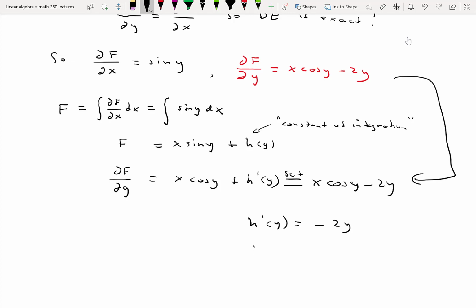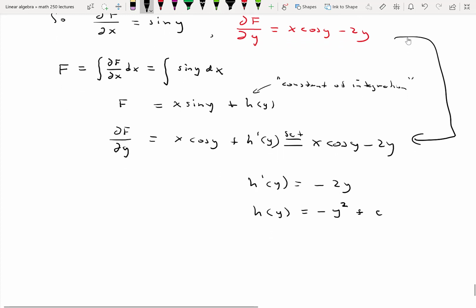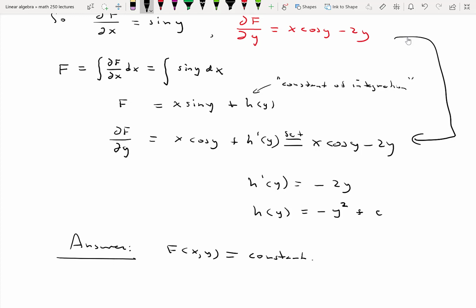So integrate both sides with just regular integration with respect to y on both sides. You get minus y squared plus some constant. So the answer is, remember we were going backwards, f of x, y equals some constant. Let's say I want to use k for the constant that I just got in h.